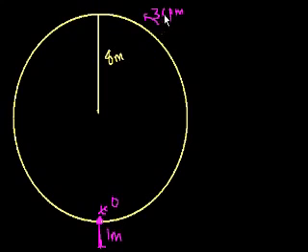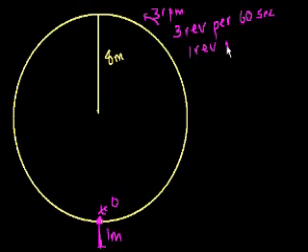So first of all, they're telling us 3 revolutions every minute, right? So that's 3 revolutions per 60 seconds. And that's the same thing as 1 revolution per 20 seconds, right? I just divide both sides of the per by 3. And 1 revolution is how many degrees? 1 revolution is 360 degrees.